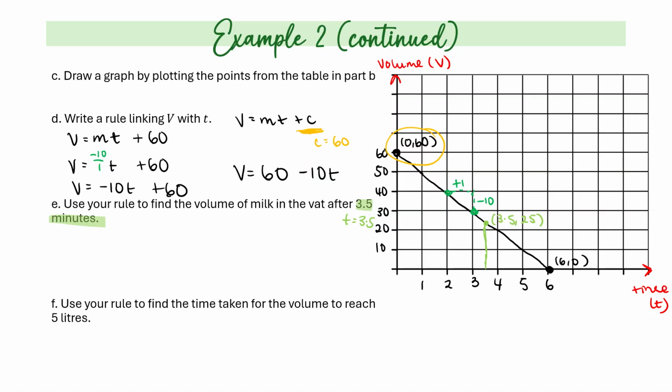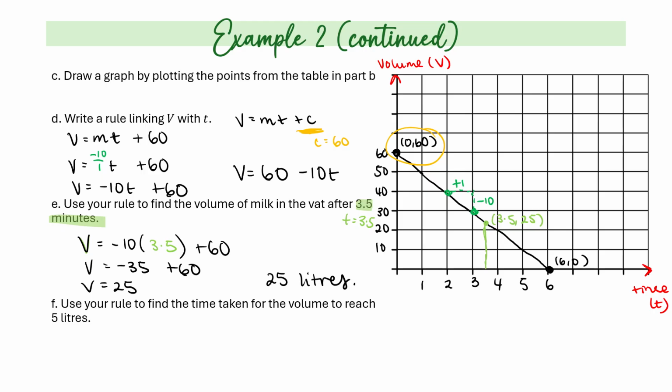But if I wanted to use my rule to find that, we're going to replace t with 3.5, right? 10 times 3.5 would be 35. So I now have negative 35 plus 60, which is equal to 25. Okay, so it's at 25 litres after 3.5 minutes.